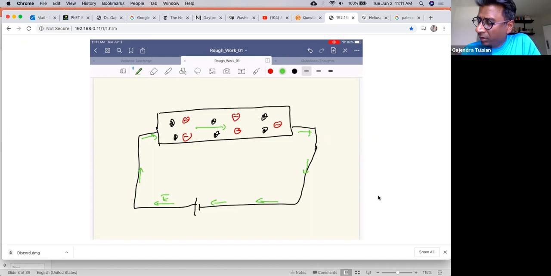Now, as soon as you turn on this electric field, the electrons respond to the electric field and they drift in that direction.